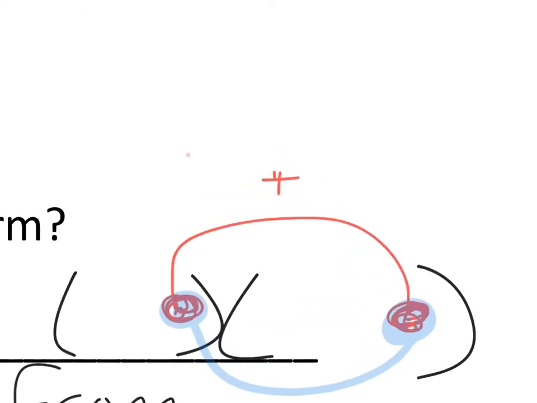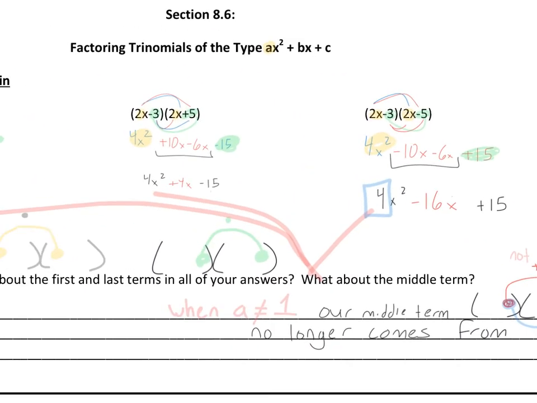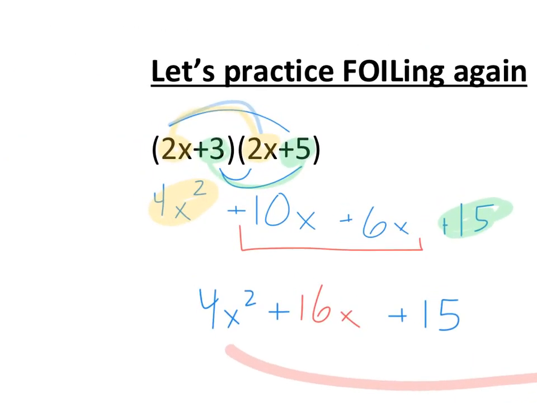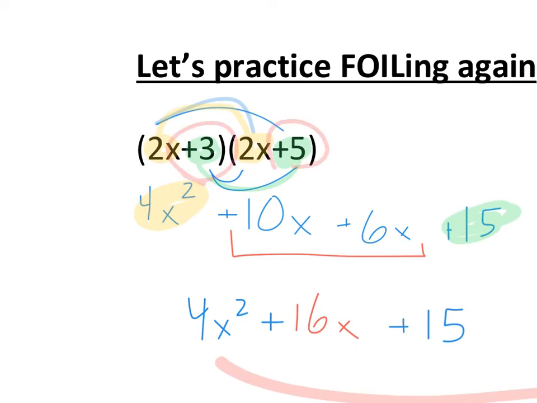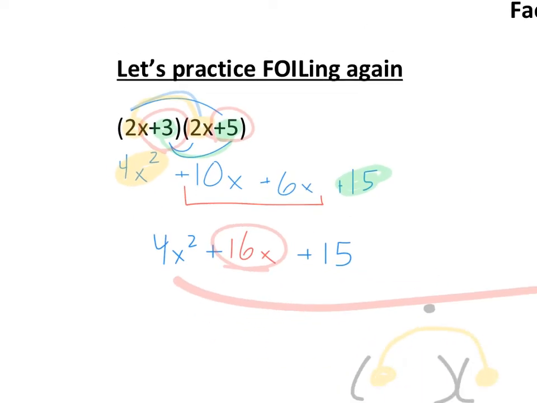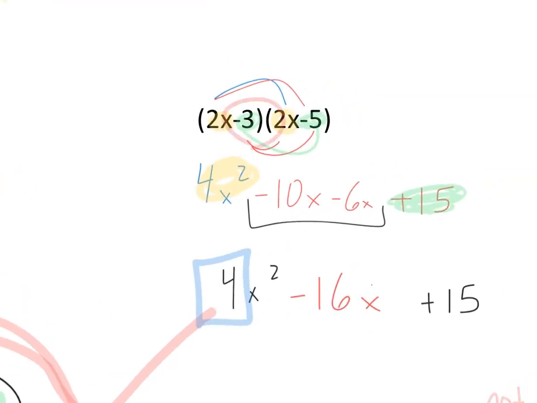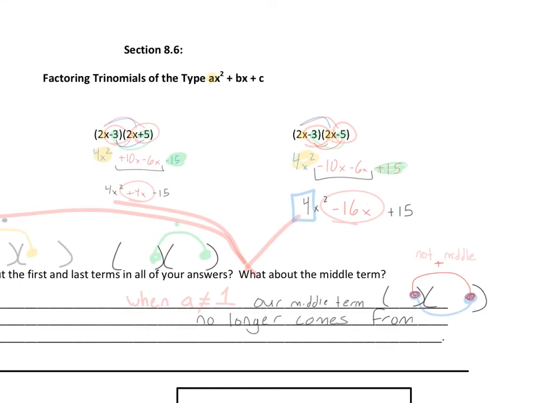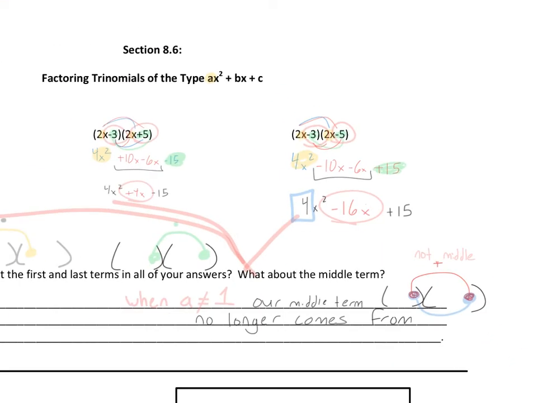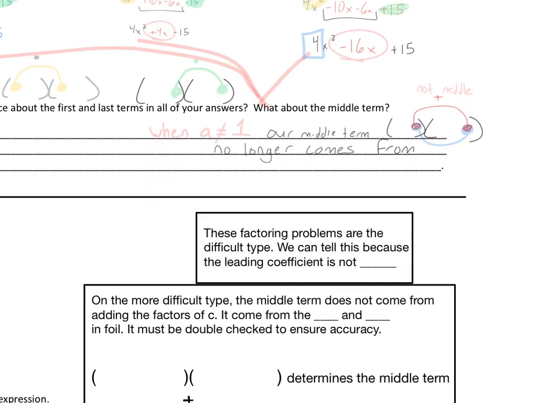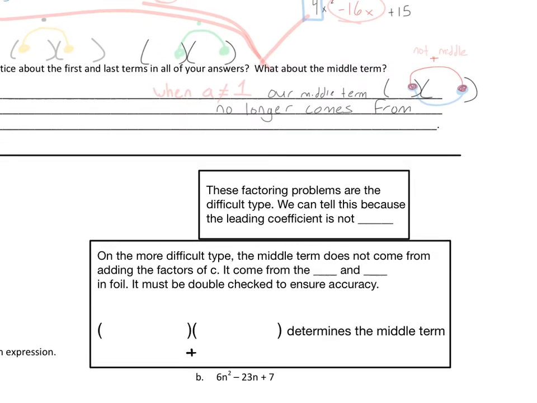That number plus that number will not be the middle. And let's check that and see. 3 plus 5 is not 16. Negative 3 plus 5 is not 4. Negative 3 and negative 5 is not 16. So there's something different coming here. So let's see where it does come from.